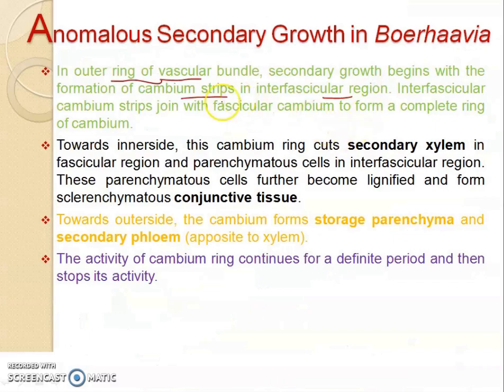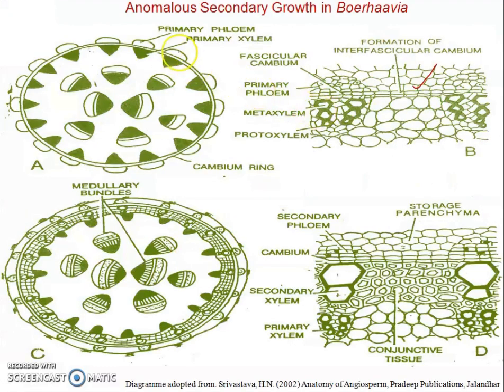Then interfascicular strips join with the fascicular cambium to form a complete ring of cambium. This interfascicular ring joins with this fascicular cambium ring to form a complete ring of cambium as shown in this picture.